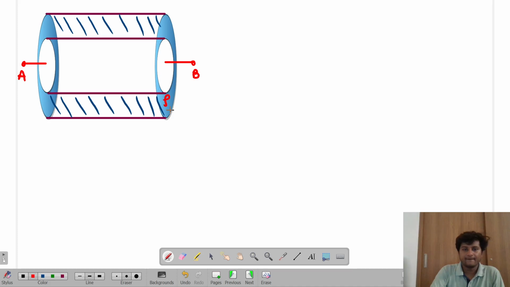Got it? No, I think one minute. It's not like that, sorry. A and B is not like that over here. It's saying that A is this interior point and B is this exterior point.